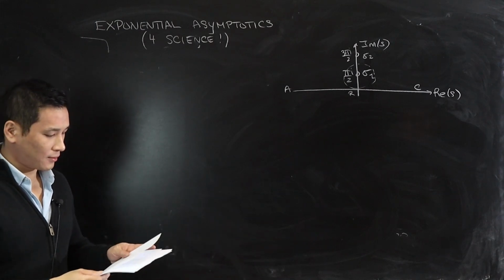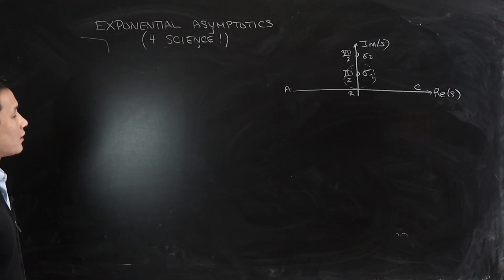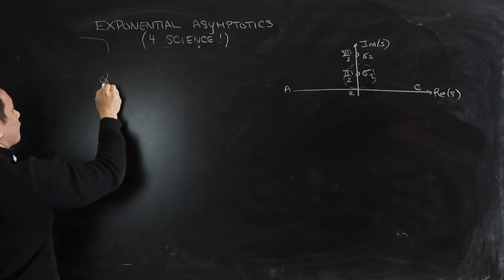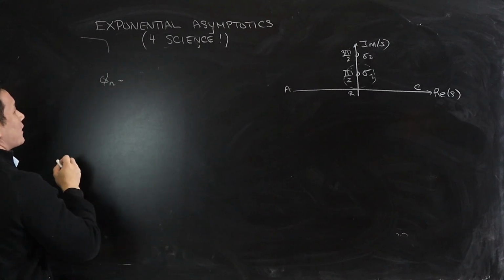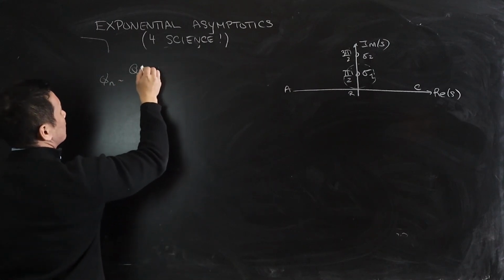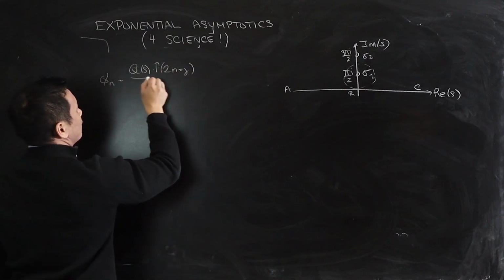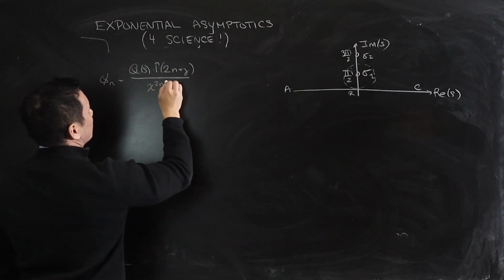So let me write down the expression for phi again. This is basically q of s times the gamma function of 2n plus gamma over chi to the 2n plus gamma.